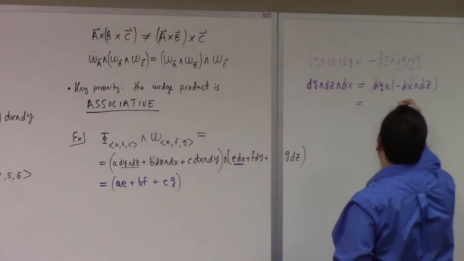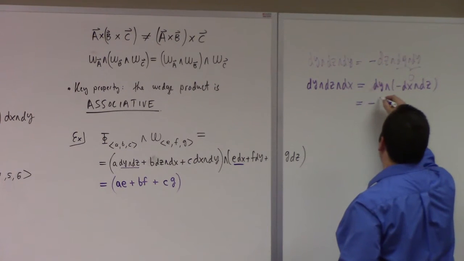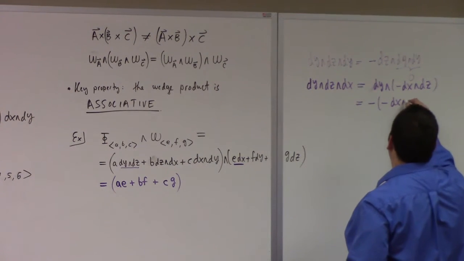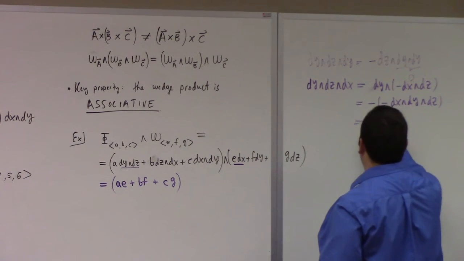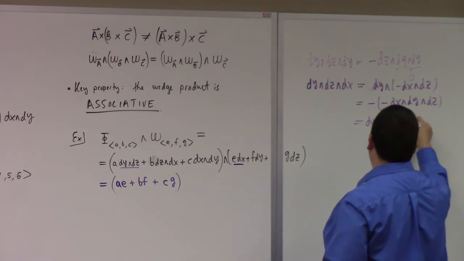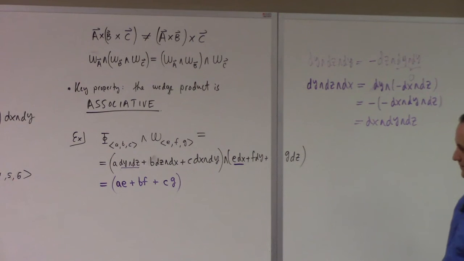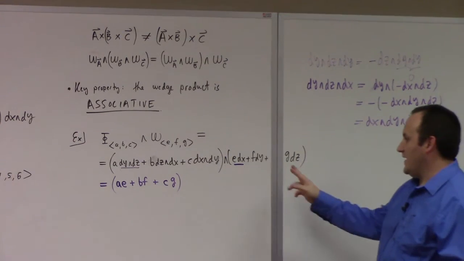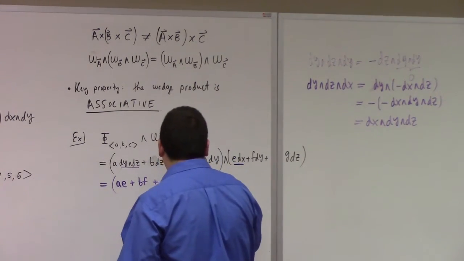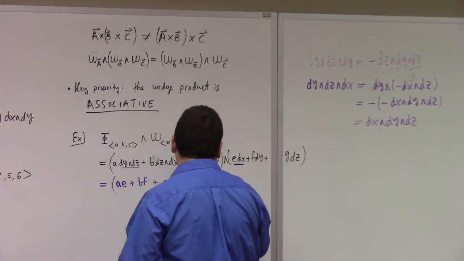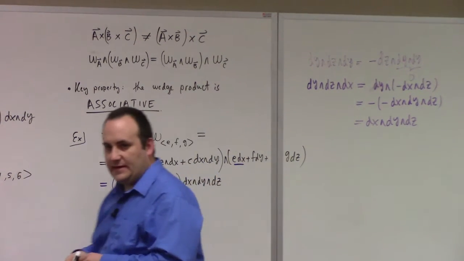And then we can flip the first two and get minus a minus dx wedge dy wedge dz. In other words, it's just dx wedge dy wedge dz. That's what happened for the first term, the AE term. And guess what? The same thing happens with the other two terms.